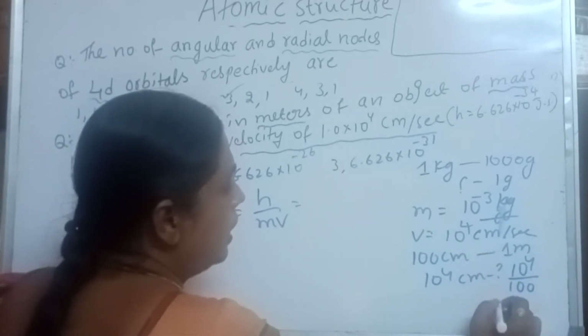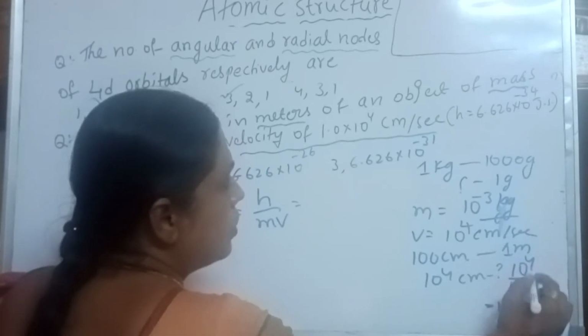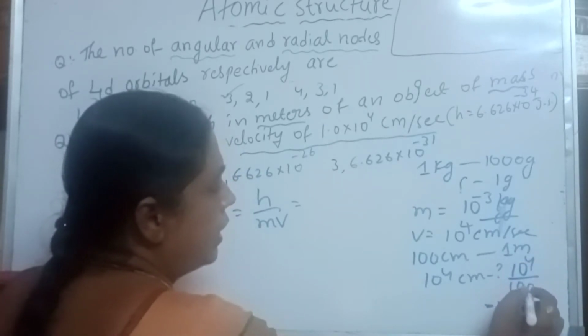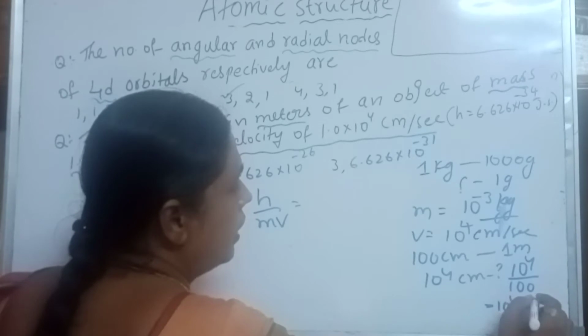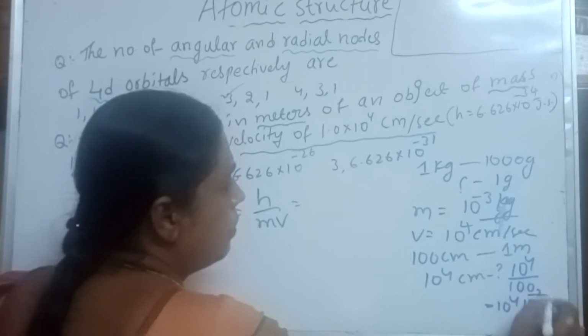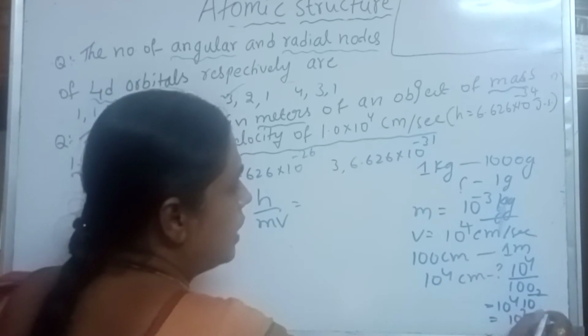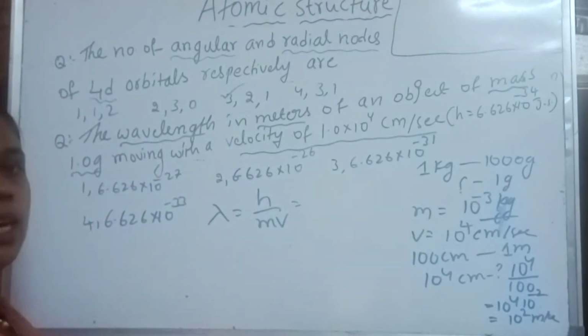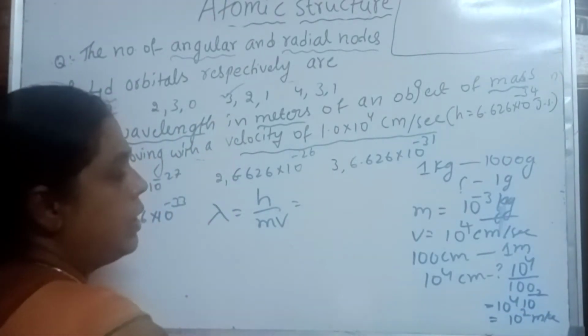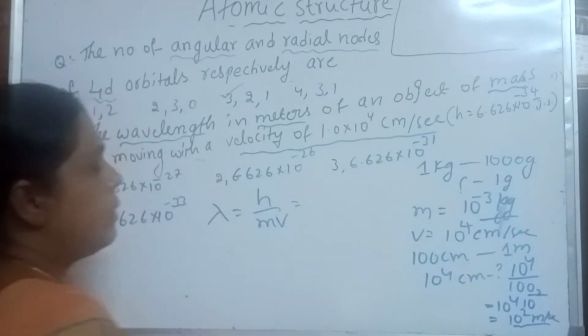When this becomes a numerator, 10 square becomes 10 to the power of minus 2. So the velocity in meters per second is 10 square meters per second.